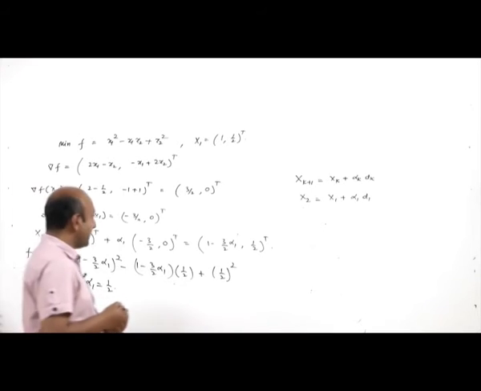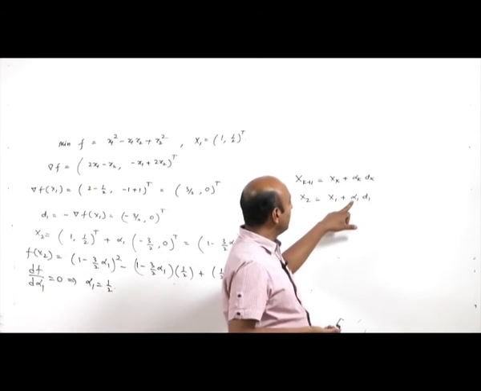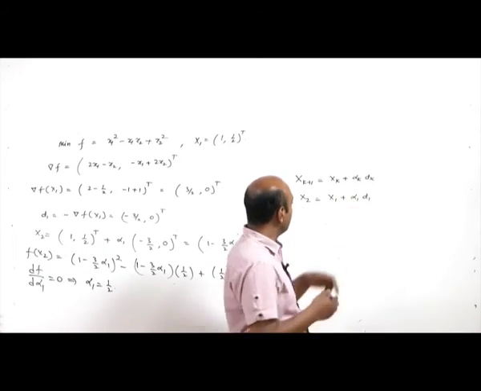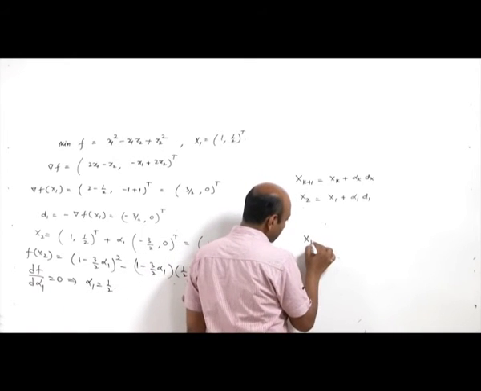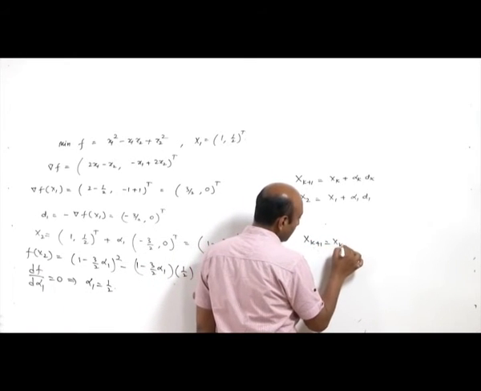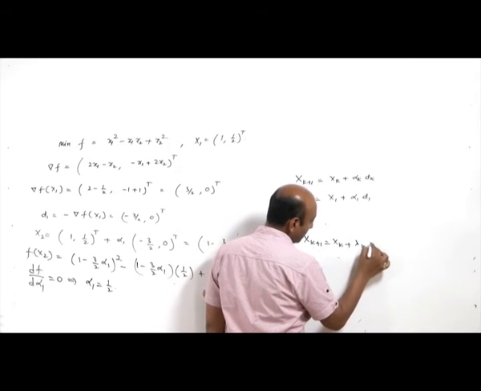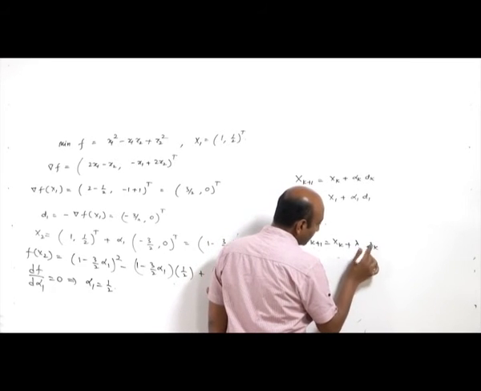okay. It hardly matters whether we take lambda 1, or we can also write xk+1 equals xk plus lambda k sk. So these are only notations, okay.